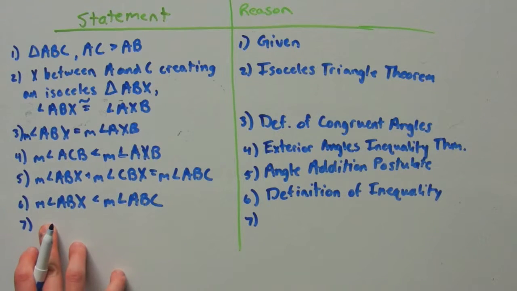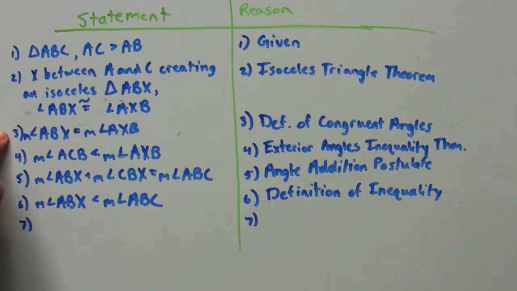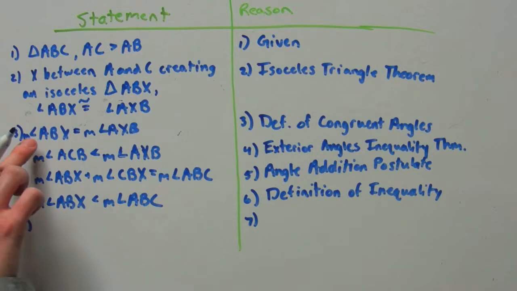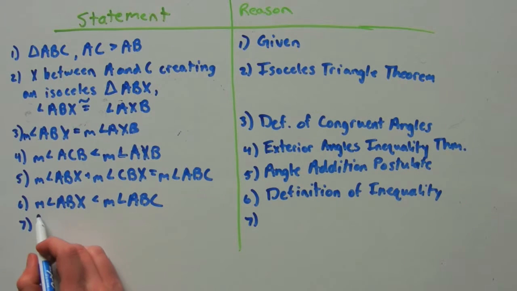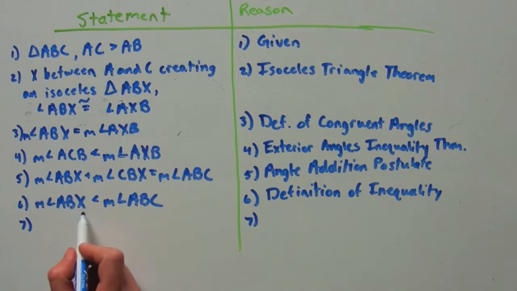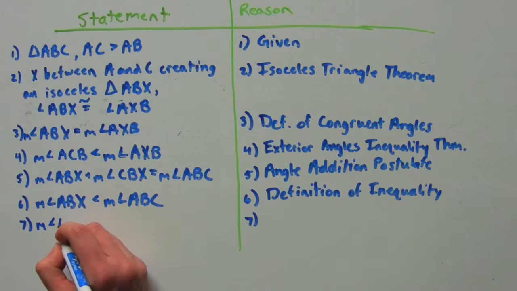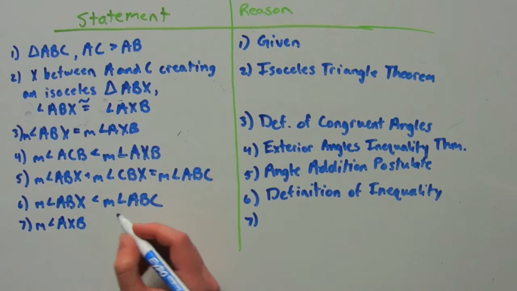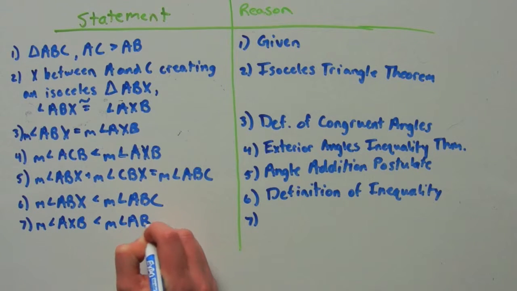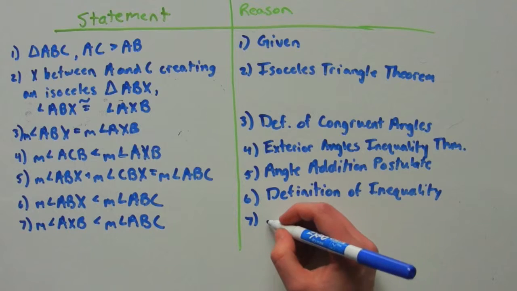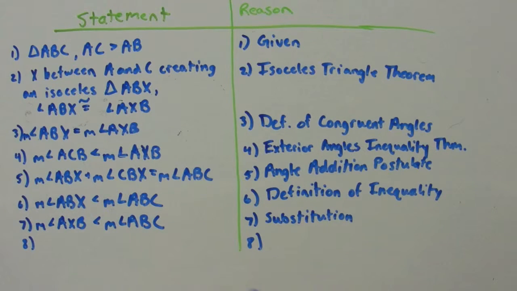So going back down to step 7, we can use substitution because looking at step 3, the measure of angle ABX is equal to the measure of angle AXB. So let's substitute AXB in for ABX. So the measure of angle AXB is going to be less than the measure of angle ABC. And that's by substitution. But look what we have now.